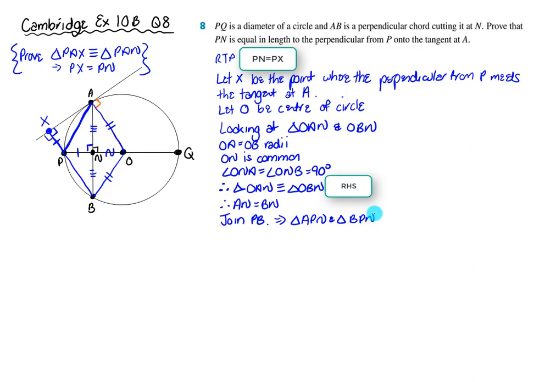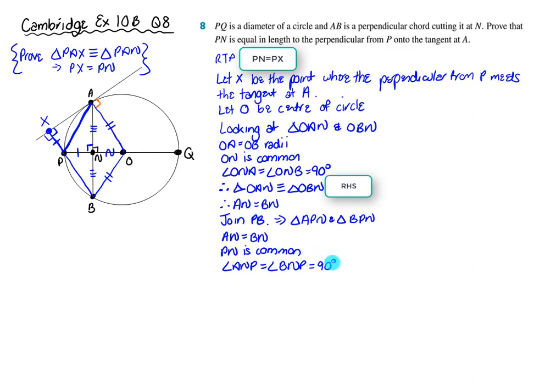Okay, we know that AN equals BN because we just proved that. Okay, we also know that PN is common, and we know angle ANP equals angle BNP because they're right angles.